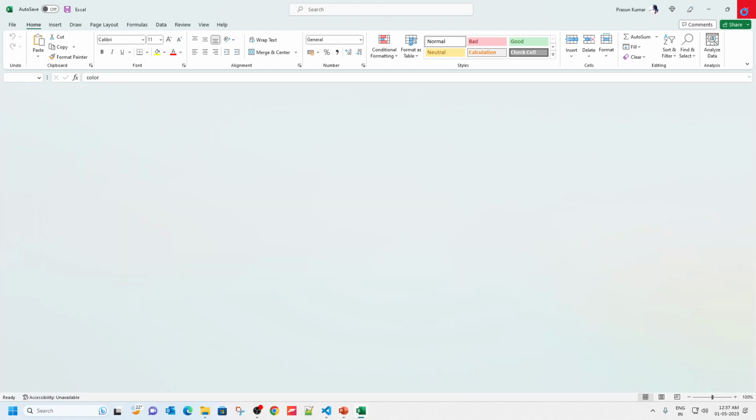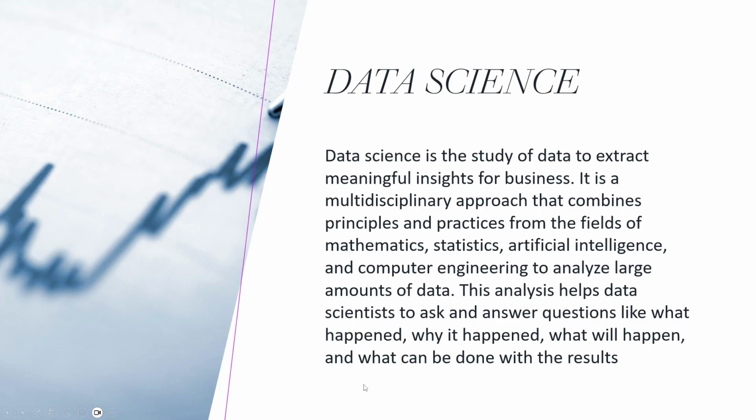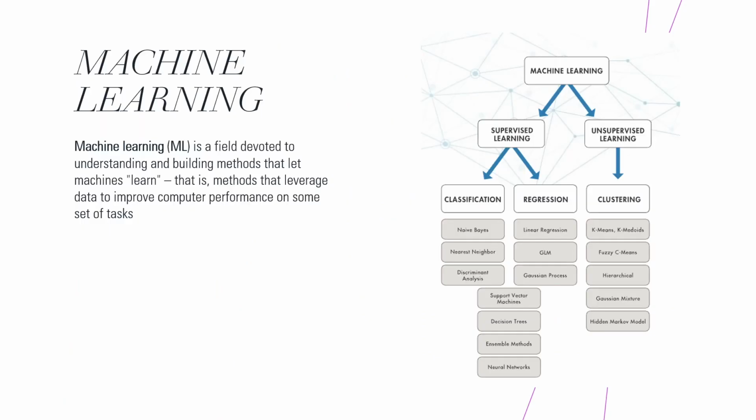Now when we talk about machine learning, what do you understand by machine learning?